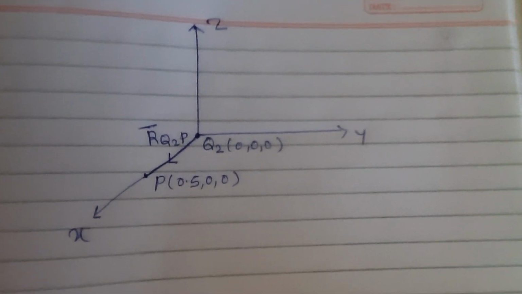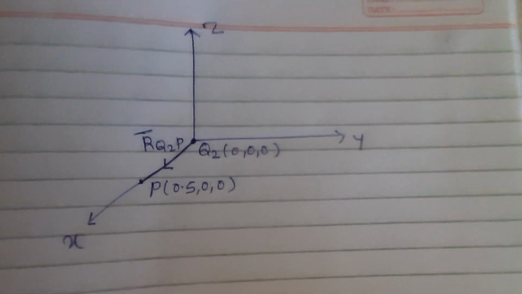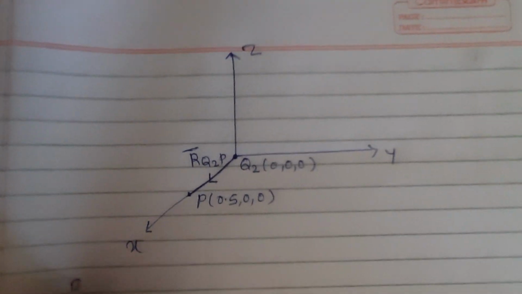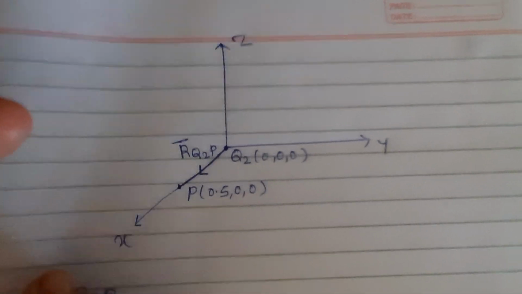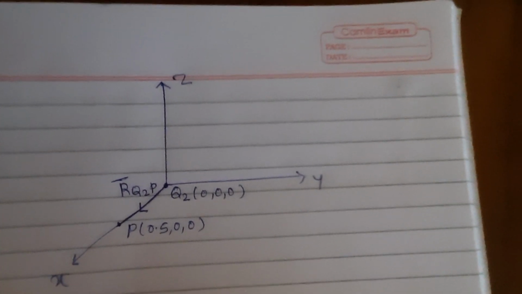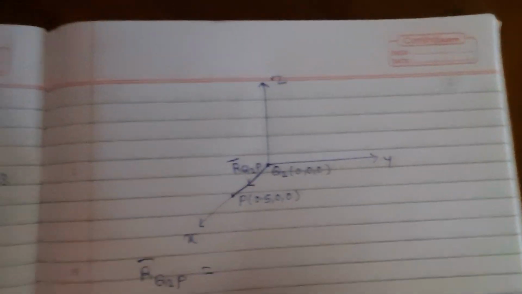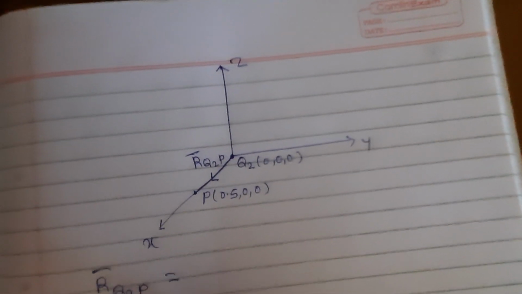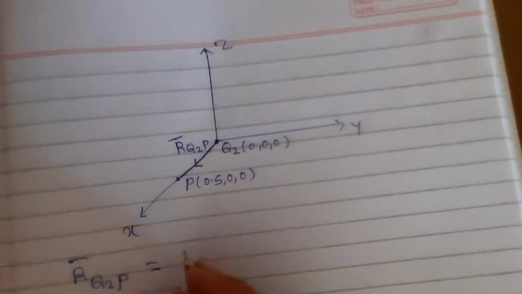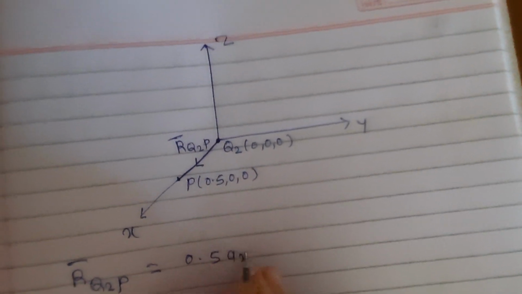So from this diagram we can write R_Q2P bar, that is R_P minus R_Q. So it is 0.5 ax bar.